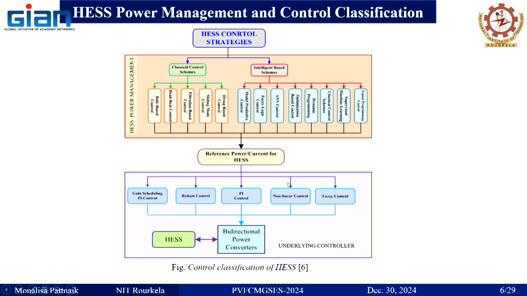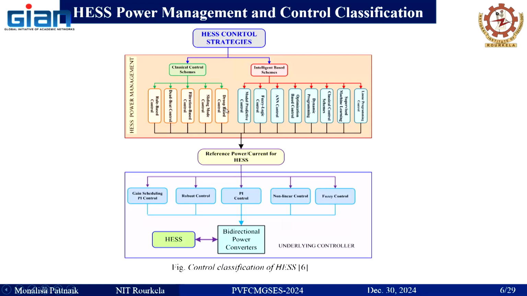Now, coming to the power management of this hybrid energy storage system. This is the power management which is already available in the literature. We can divide it into the classical control scheme or intelligent based control scheme. In the classical we have several methods, but I already explained the filtration based method in detail.